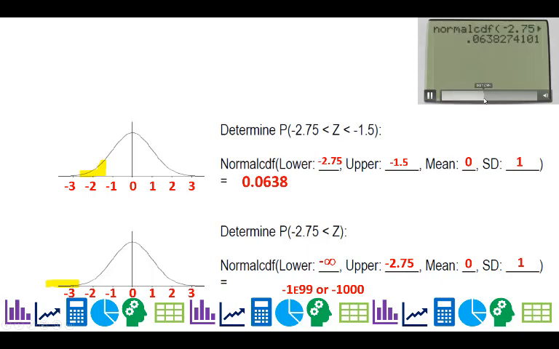Now I can't really enter negative infinity as a lower, so I'll use a high value like negative 1,000 or even further. And then for the upper, I'm going to put in negative 2.75, keep the mean as 0 and the standard deviation as 1, and hit enter. And I get 0.00298 roughly.